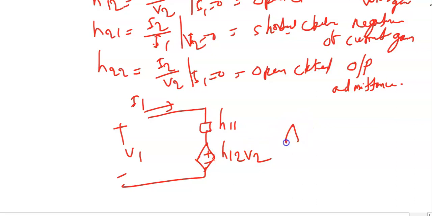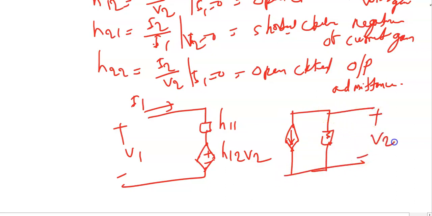And I2 equal to V2 H22, so this is your H22, and this is your H21 I1.